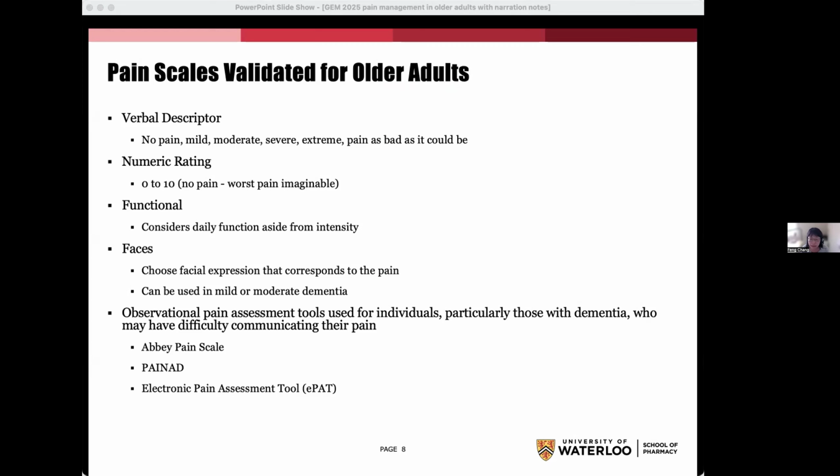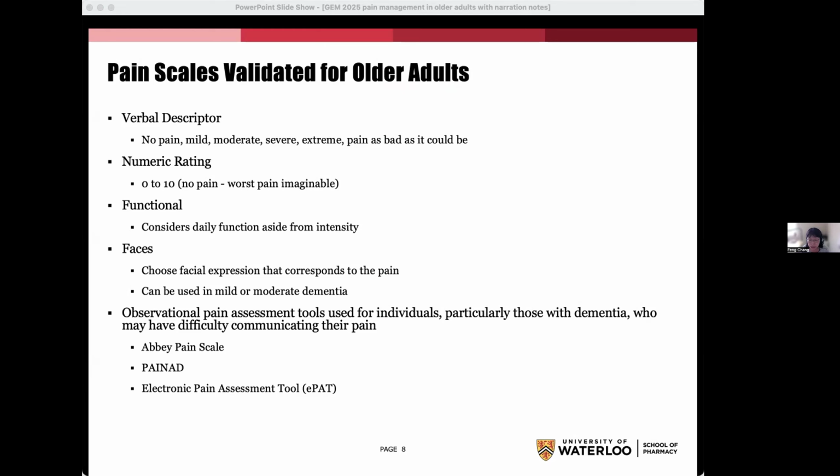Numeric rating is 0 to 10, and that's probably something that all of you have seen in practice. And functional, actually, I'll talk about faces first. So faces is basically the same idea as a numeric rating, except you use different pictures that represent facial expressions corresponding to the amount of pain the person is experiencing.